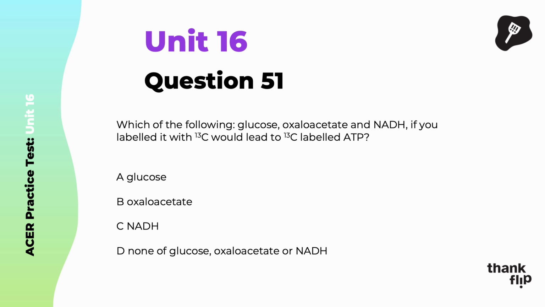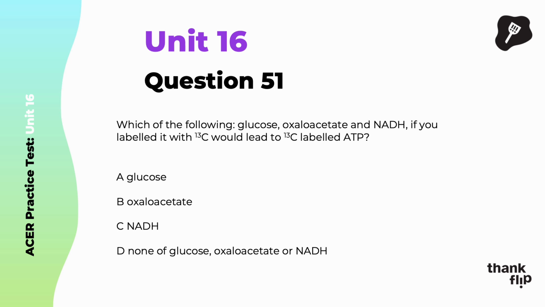Okay, so now looking at question 51, it's asking which of the following, glucose, oxaloacetate, and NADH, if you labeled any of these three with carbon 13, would lead to carbon 13 labeled ATP. Now, carbon 13 labeling is something that people do in order to track a particular molecule or a particular atom.